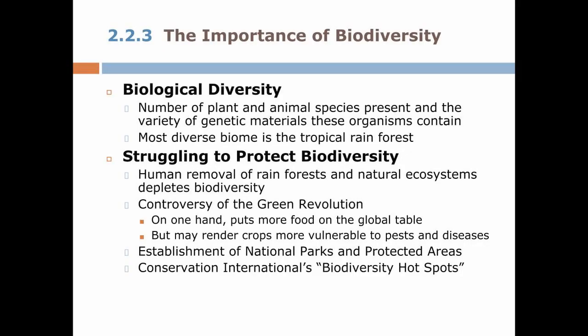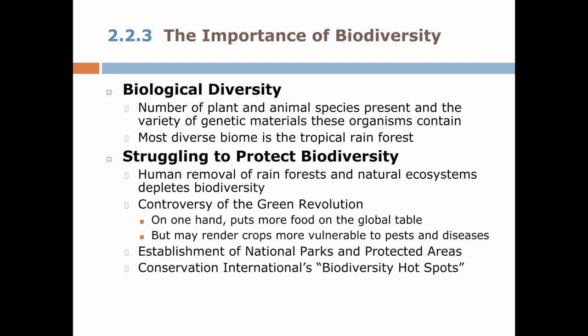We talked a lot about the different biomes, and I asked you to stop and think about the animal and plant life exhibited within them. And you maybe only thought of one or two animals, or one or two plants, but in reality, there are multitudes of species and genuses and families of biology in each of these biomes. That is indicative of the importance of biodiversity.